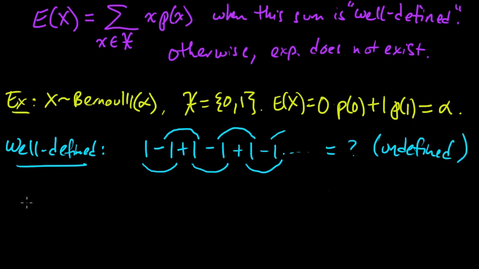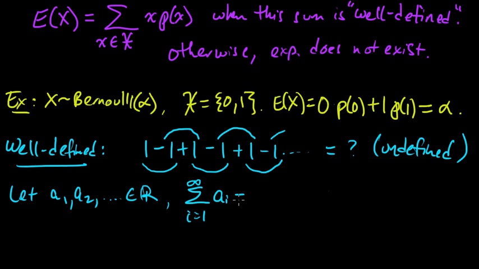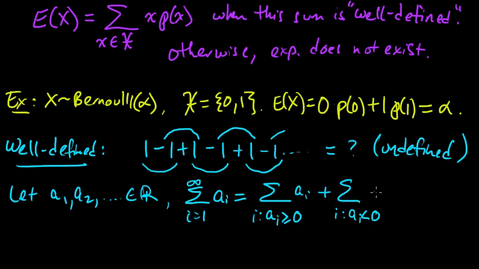And so more generally, if we have some sequence of real numbers a1, a2, etc., then we consider the sum as i goes from 1 to infinity of these numbers. We can break it up into two parts: the terms where ai is greater or equal to 0, plus the terms where ai is strictly less than 0.